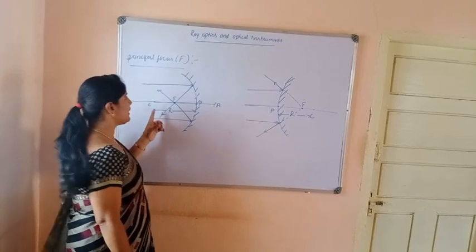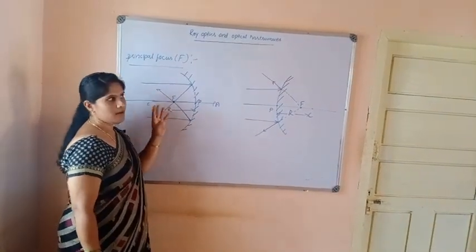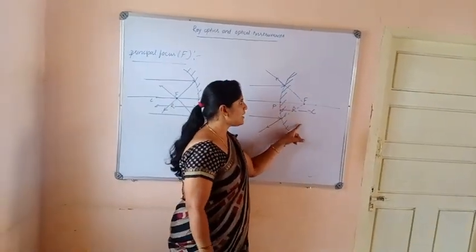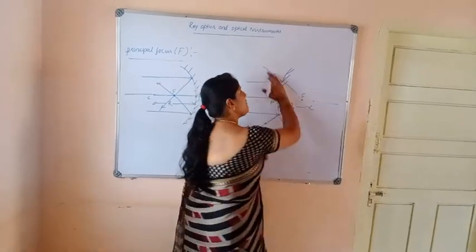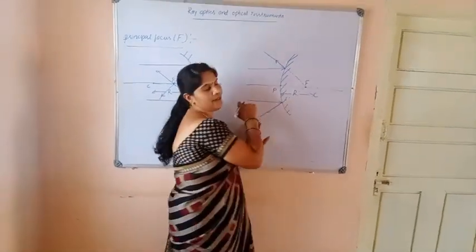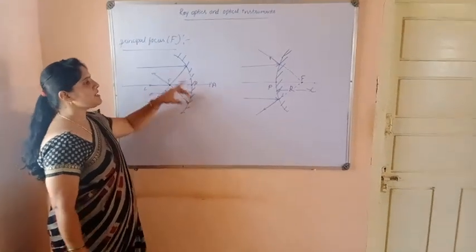But in the case of a concave mirror, they really meet, while in the case of a convex mirror, they appear to diverge like this. So what is principal focus?